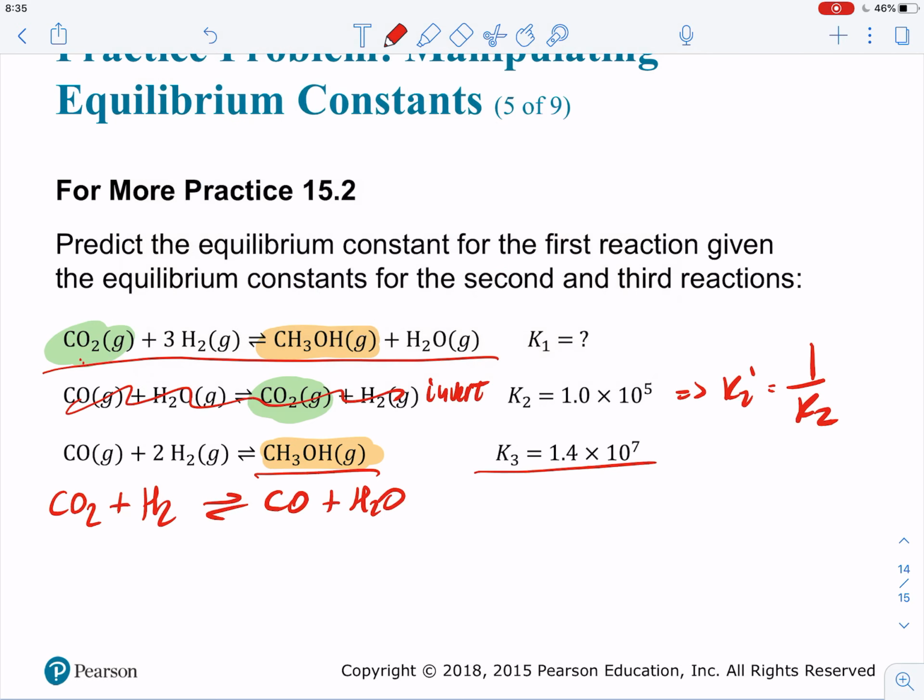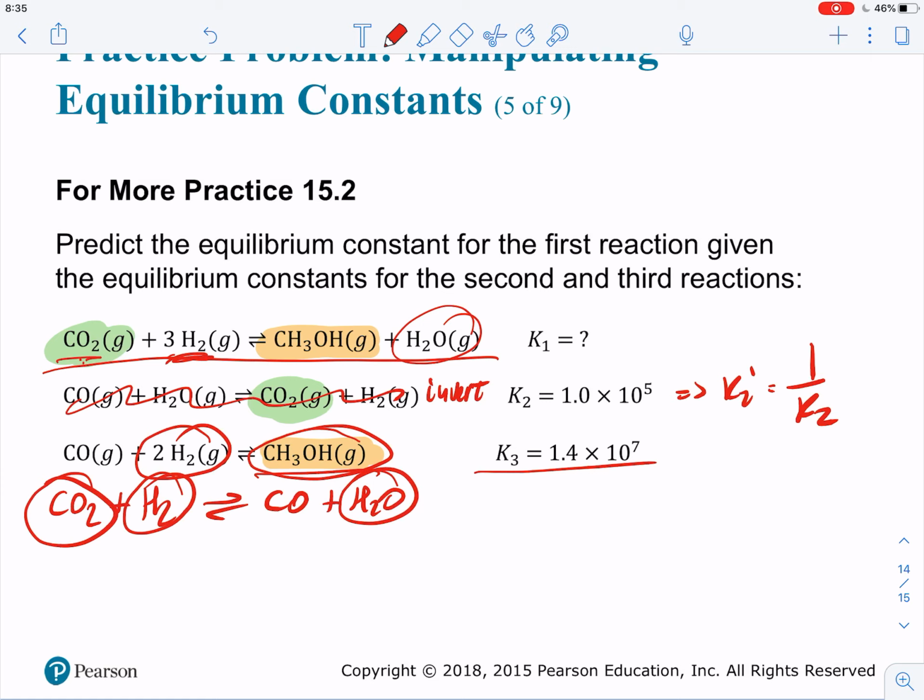And we want to keep everything that is on the initial equation. So we want to keep CO2, so we want to keep this one. We want to keep hydrogen. We need 3 hydrogens, so there are 2 here and 1 here. You have 3 now. You want to keep the methanol. There is 1 here. And you want to keep water. There is 1 water here. Everything else has to go.